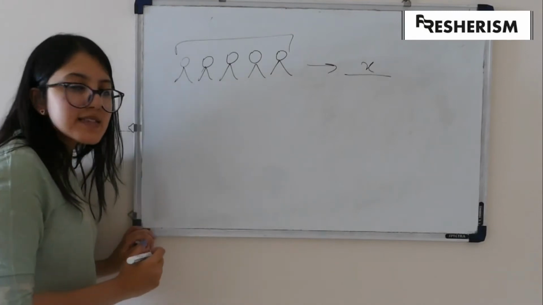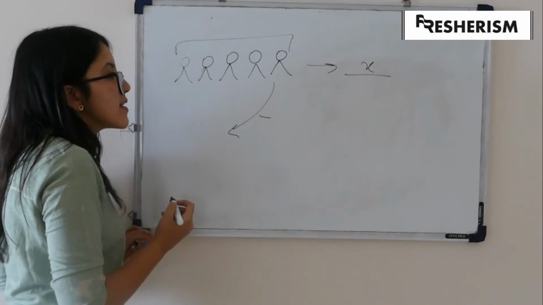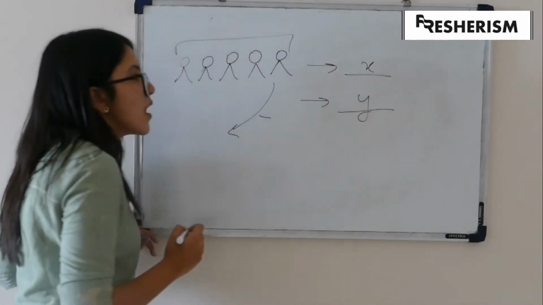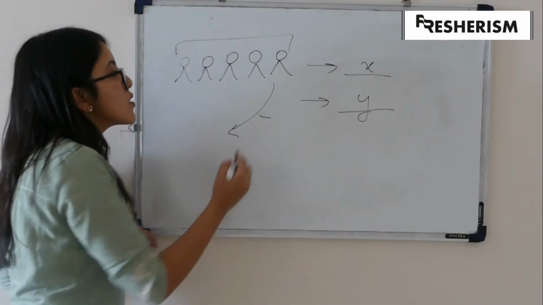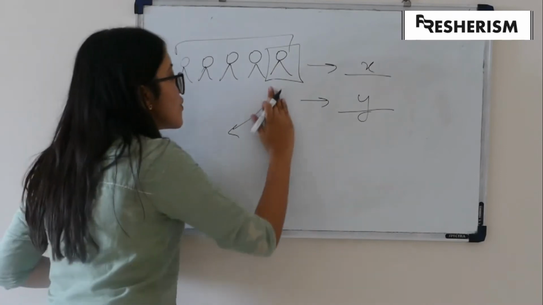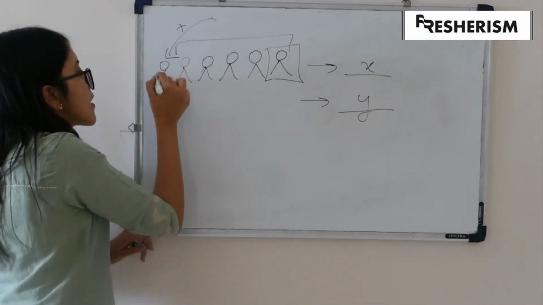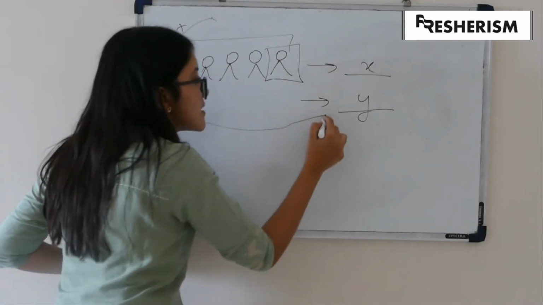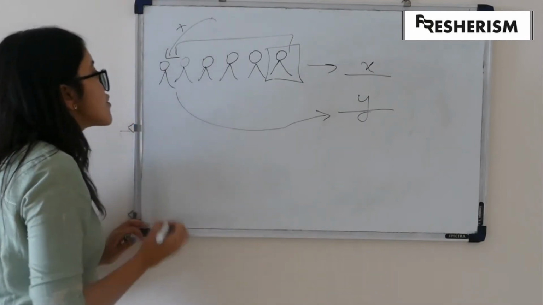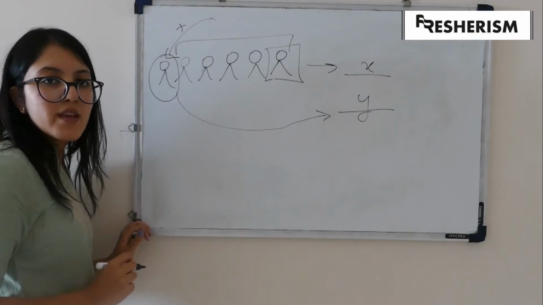The question may ask you that if one person is removed, then this is the total average. Now, you might have to find out the value of this person. Or, you might be told that one person is added and then this is the total average, and you might have to later find out what will be the value of this person.